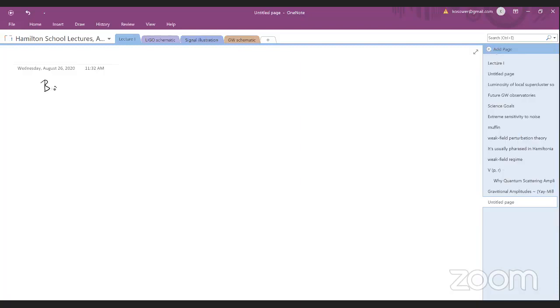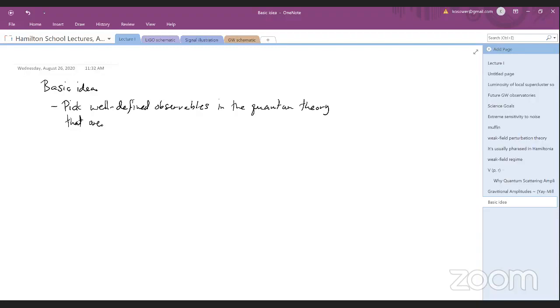So the basic idea of the approach is very much in the philosophy of scattering amplitudes: you want to pick some well-defined observables in the quantum theory that are also relevant classically.